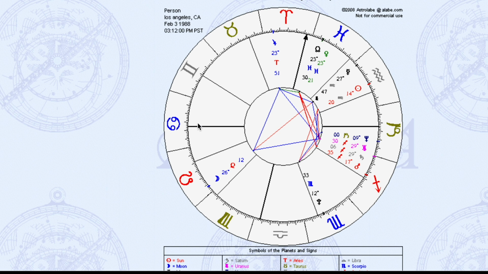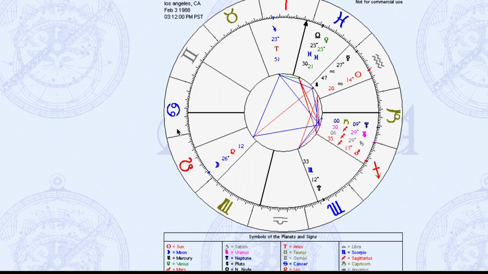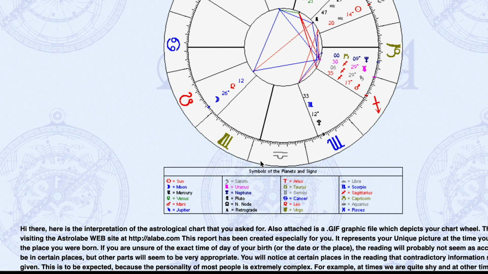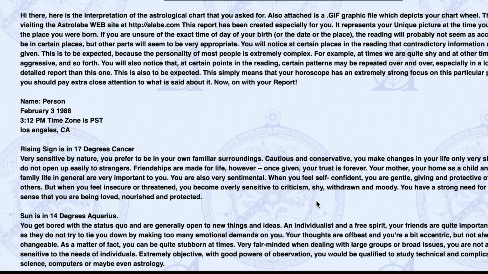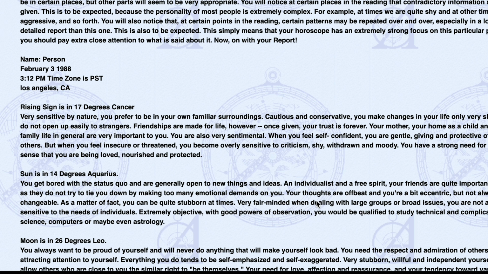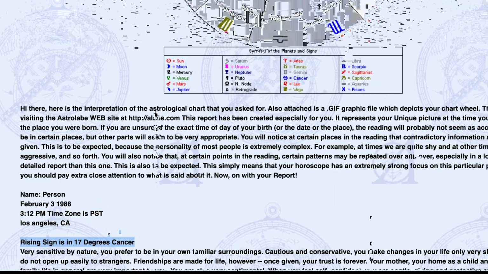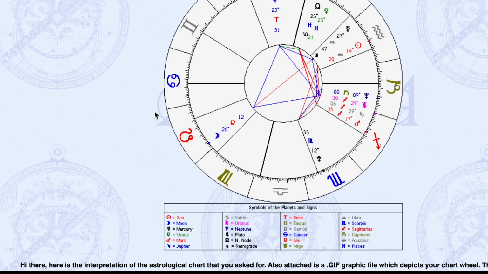Cancer rising here on the left side. This is her ascendant, so she has Cancer rising, and it would say here in this little table, rising sign is 17 degrees Cancer, right? So we can see it also on the chart.